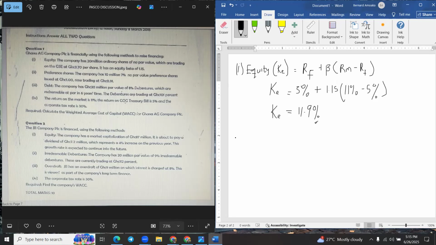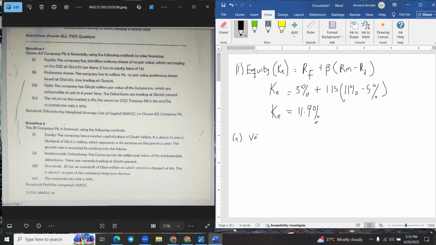Now, the next thing is the cost of preference share, because that was part II. Note that I've always said that the dividend for preference shares will not be mentioned, but it is left for you to multiply the percentage by the number of shares or the value. So here, we need to find the value of the shares.